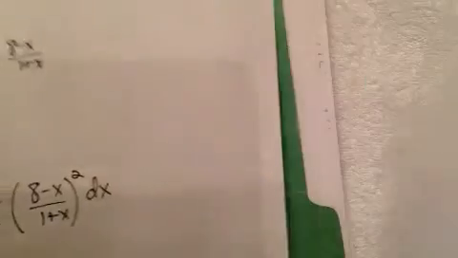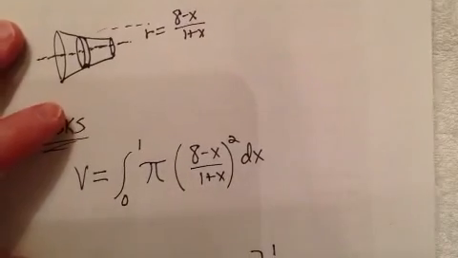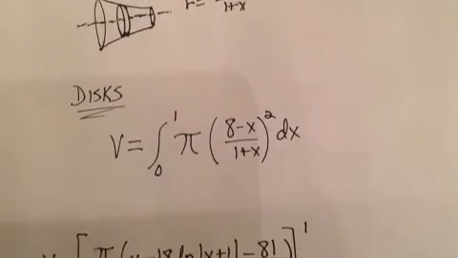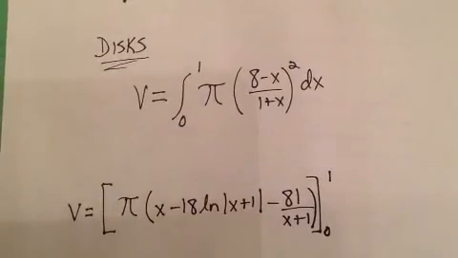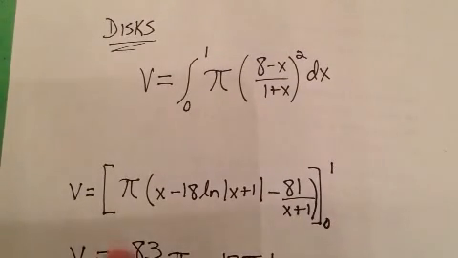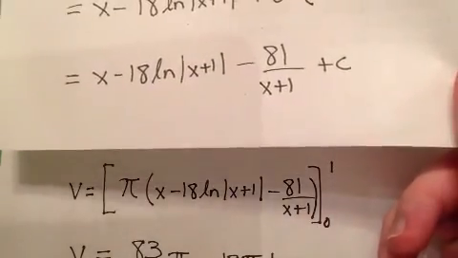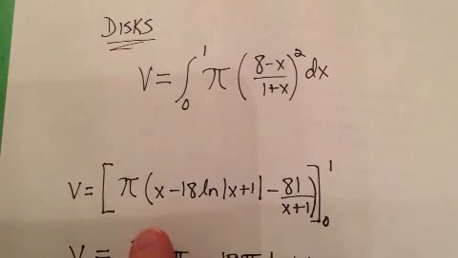So going back, once again we had the volume going from 0 to 1, pi times the square of the radius, and after the long process of taking the integral of the square of 8 minus x over 1 plus x, for the volume, as x goes from 0 to 1, you have a pi, and then from the prior integral that we attained, we have x minus 18 times the natural logarithm of x plus 1 minus 81 over x plus 1 as x goes from 0 to 1.